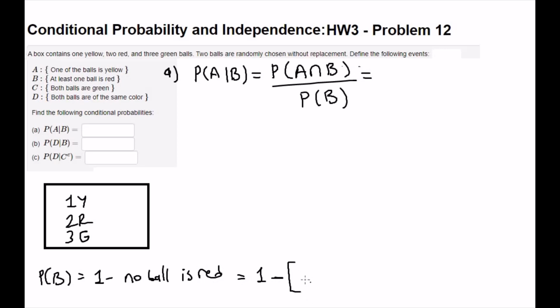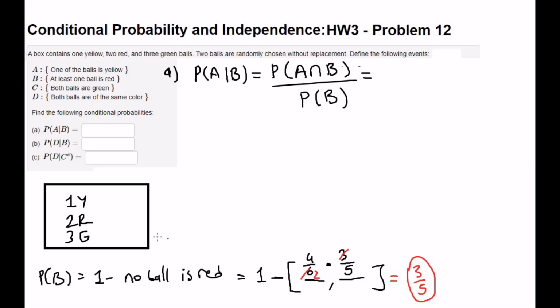We are picking 2 balls in tuples of 2 coordinates. So here we want no red, which is going to be 4 out of 6 times, and the second ball we don't want red again, so it's going to be 3 out of 5 because without replacement. So if you compute 1 minus this fraction, it's going to be 1 minus 2/5, which is 3/5. So we know the probability of B.